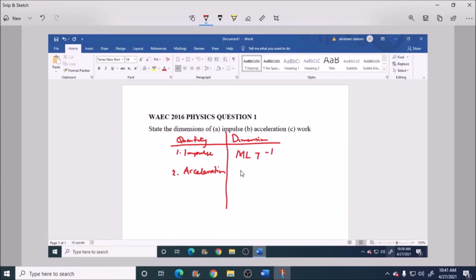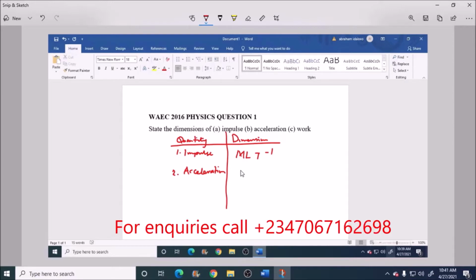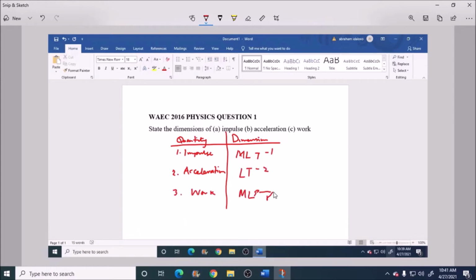And then for work, the dimension is given as ML^2T^-2. Okay, so let me just rewrite that one again. It is ML^2T^-2.